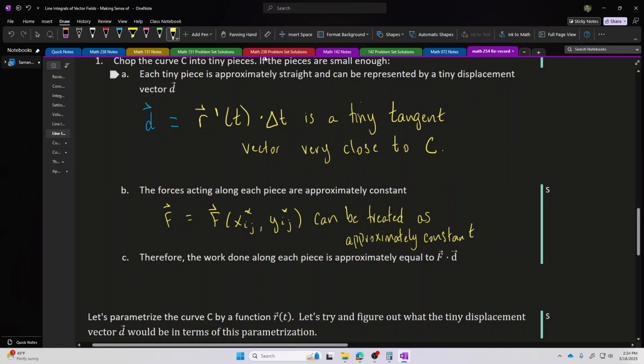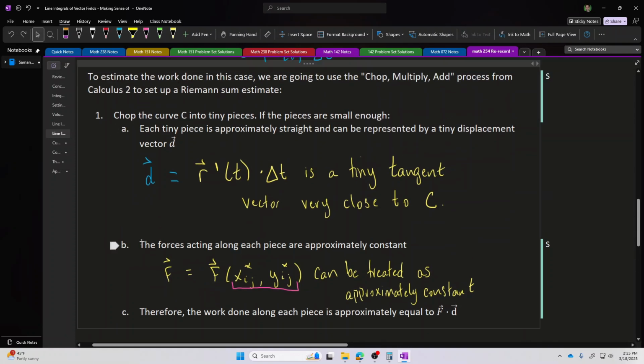And remember that this notation with the stars is just saying take the force at some random position within the chunk.